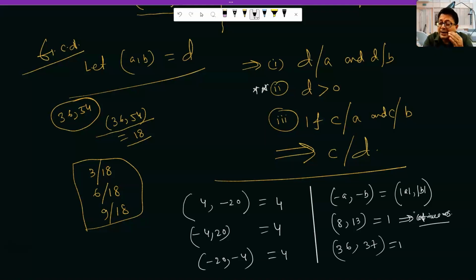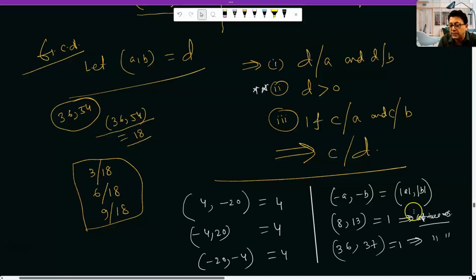So, after learning that GCD will be equal to 1 for co-prime numbers, remember this so that you can use it in the future. For any two co-prime numbers, their GCD will be equal to 1. I am not talking about prime numbers, I am talking about co-prime numbers.